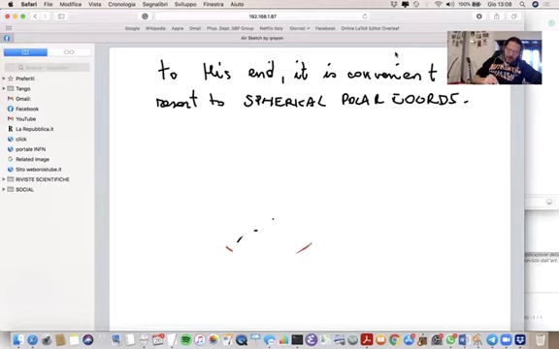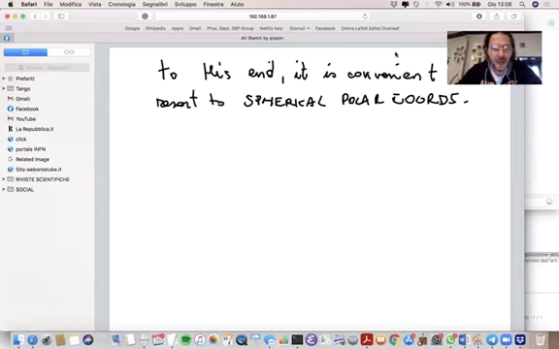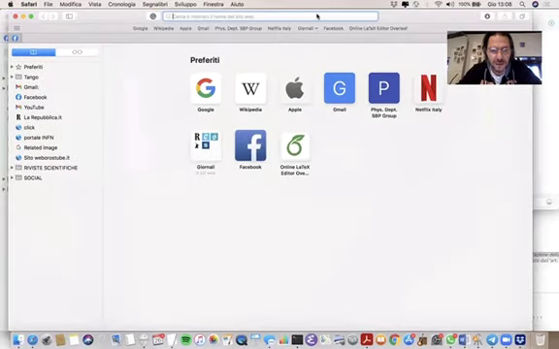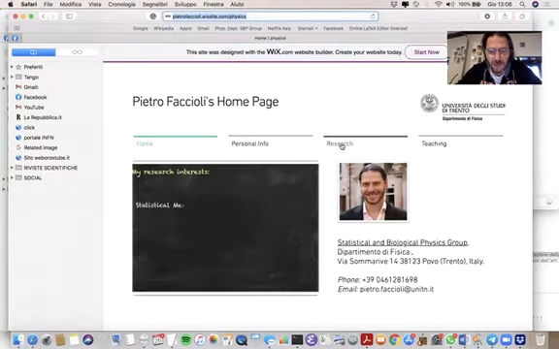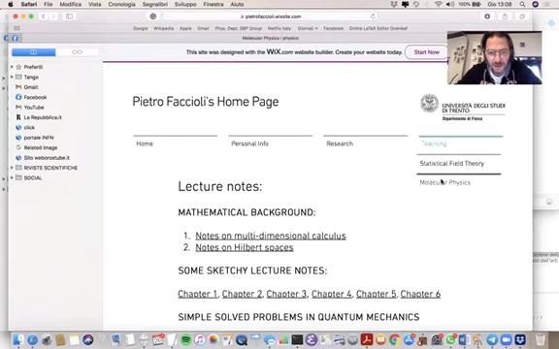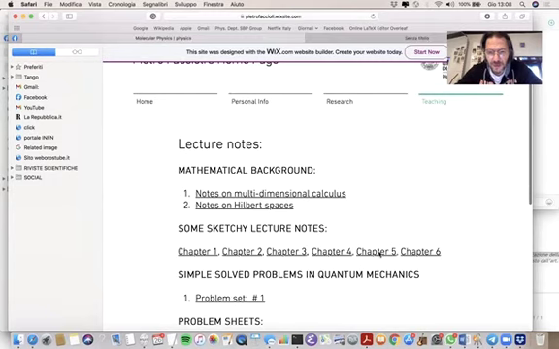Now, if you represent the operators in spherical coordinates, you get quite complicated equations. I'm going to tell you how to work this out. If you look at my teaching, molecular physics, I think it's chapter 5.